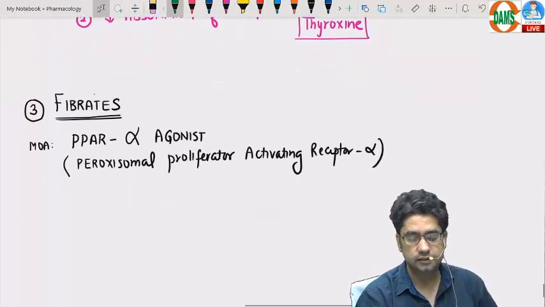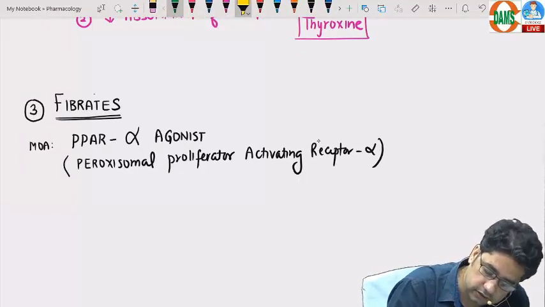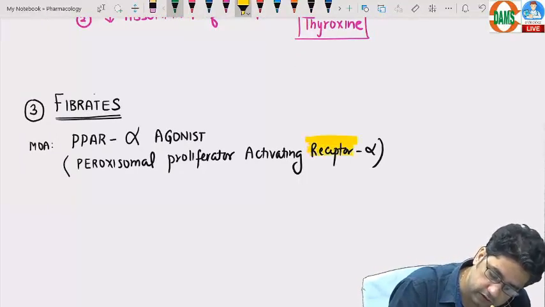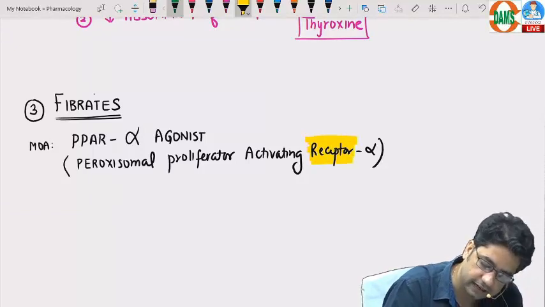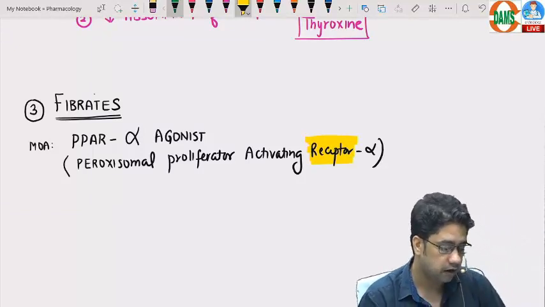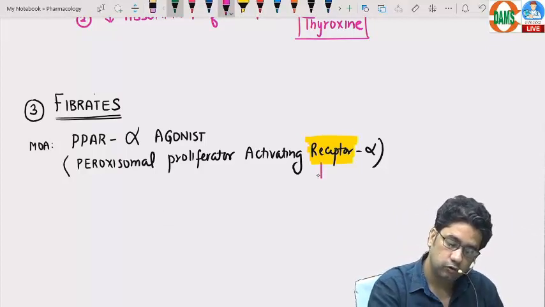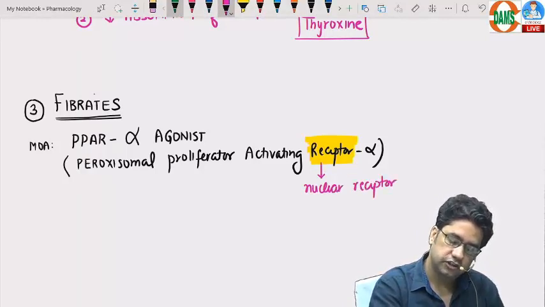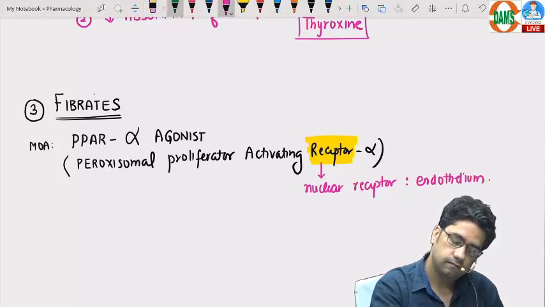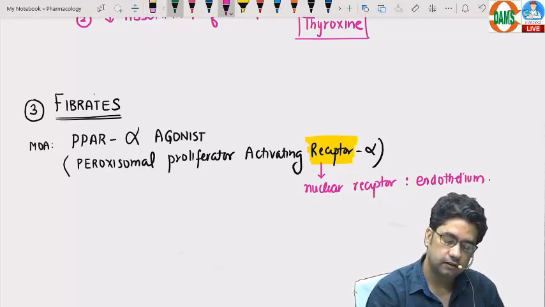Now sir, what is this? As you can see, this word PPAR, peroxisomal proliferator activating receptor, is a very long name. This is a nuclear receptor, specially present in endothelial cells.